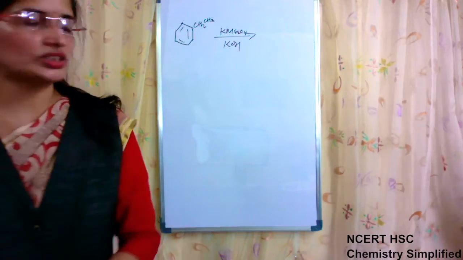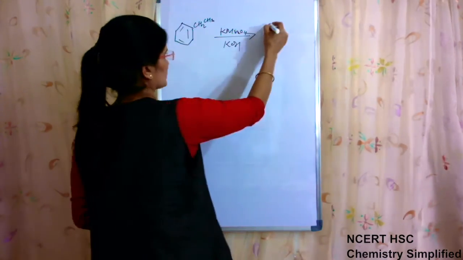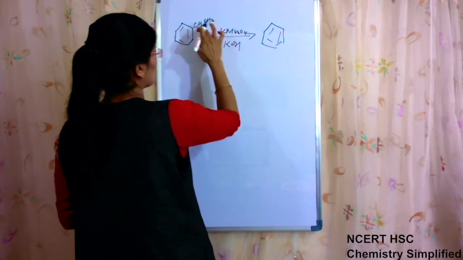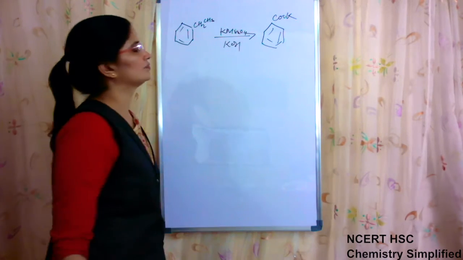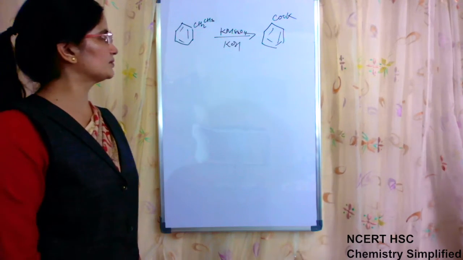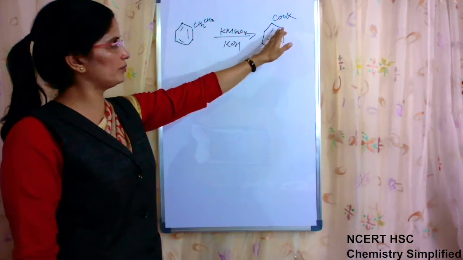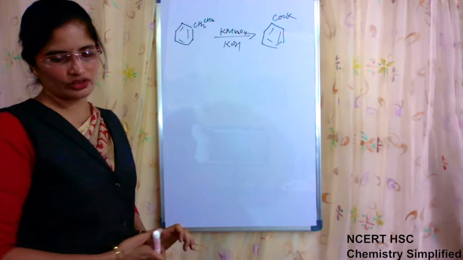If such a reaction is given and you are asked to write the product, what will be the product? We know that KMnO4 is the oxidizing agent which oxidizes the side chain to COOK. The product you write will be COOK only, because on later hydrolysis it is converted into COOH.